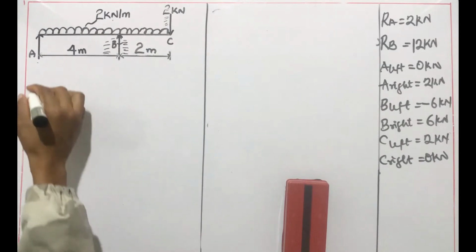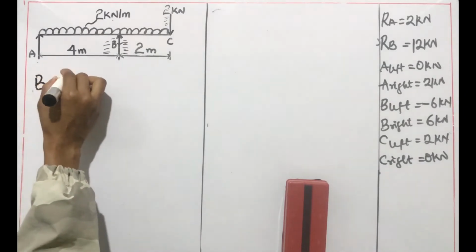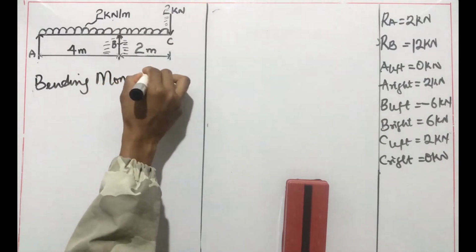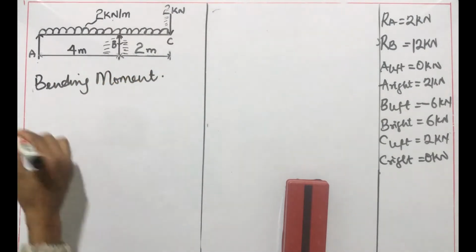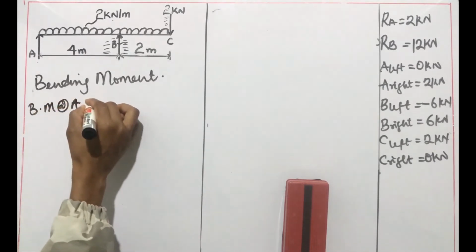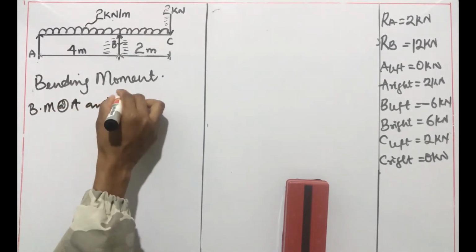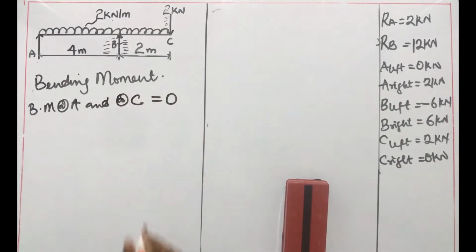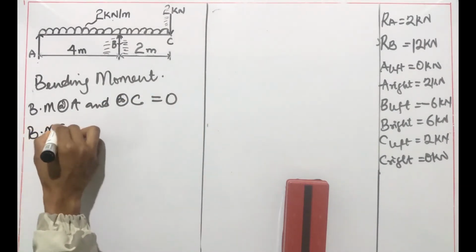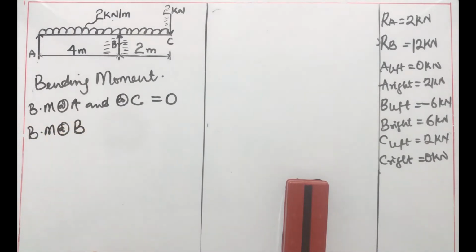So we have 2 minus 2 and we have 0 kilonewton as our C right. Next is the bending moment. Bending moment at point A and at C is equal to 0. C is a free end. A is the support. The only bending moment we're looking for is that which is at B.